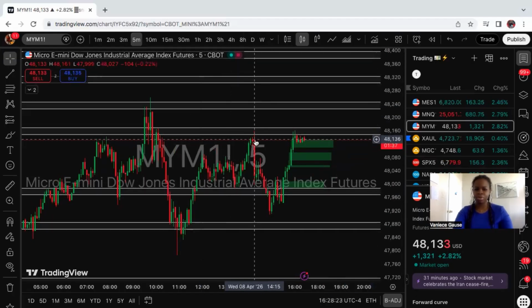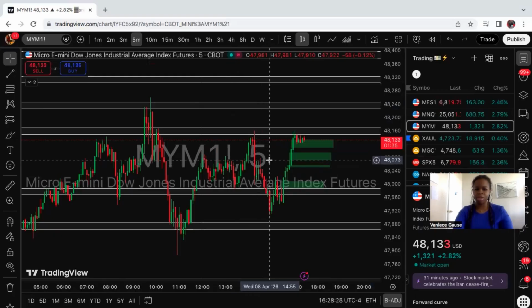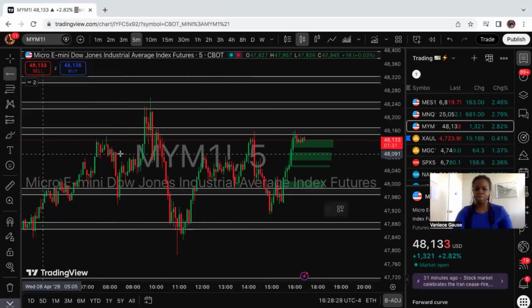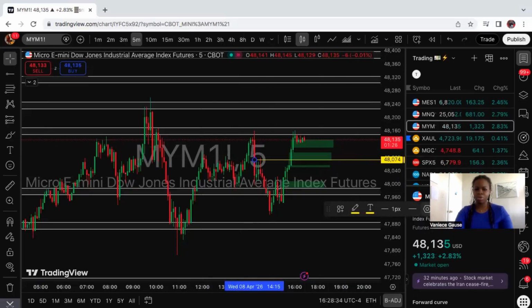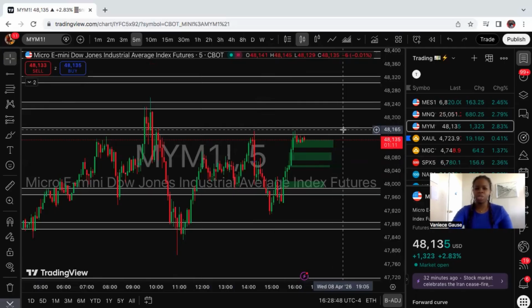Think of it as there being space in between those candles. Right here, up until about right here, is where there's a fair value gap. We did sweep through it. The market might come back and come down again, but obviously it's 4:28, so we'll see what happens when the market reopens.